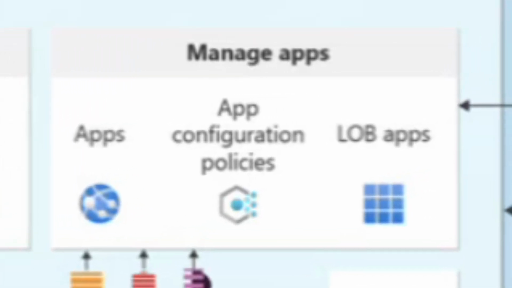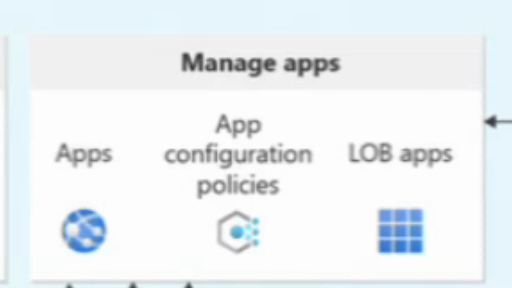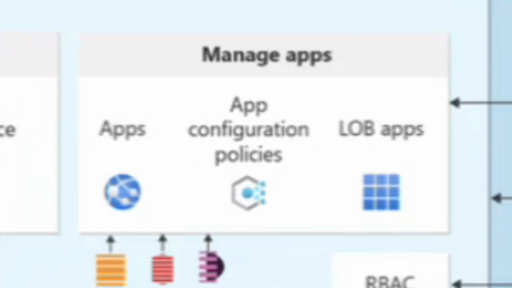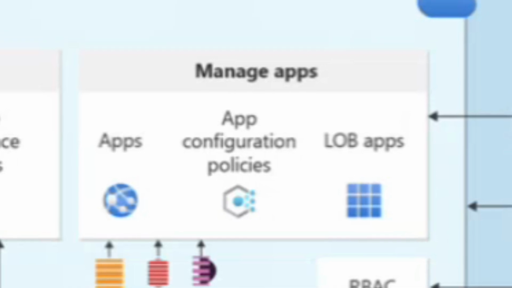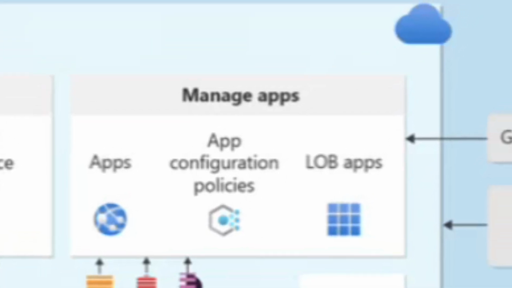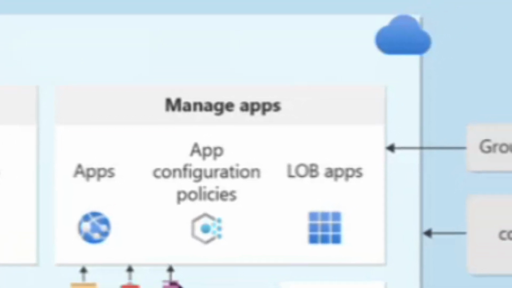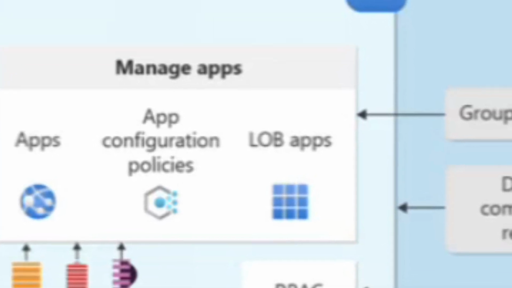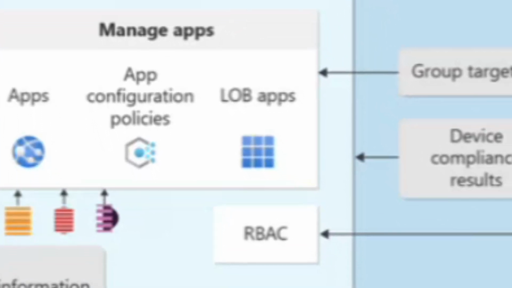Okay. Manage apps. You can customize applications based on your users or your devices. Okay. If you have line of business, like old legacy applications, you can also deploy them as an internal application and do all sorts of things from Intune.